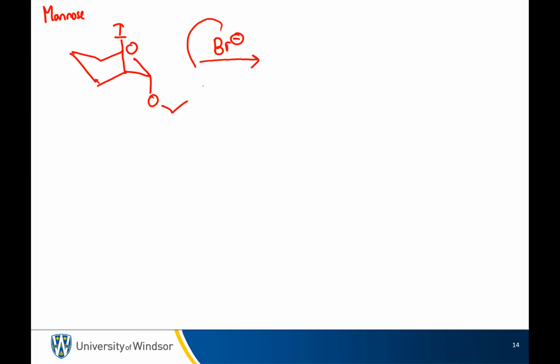So how to get mannose? Essentially what we need to do is, let's say we made this guy. We would need to do a displacement with a nucleophile.